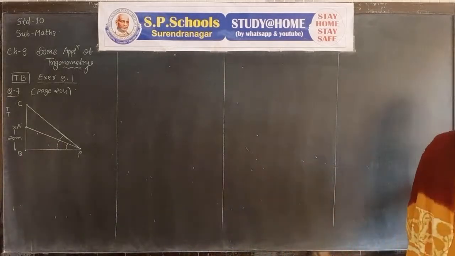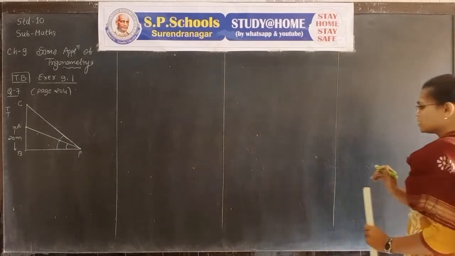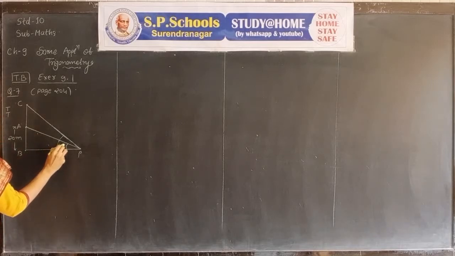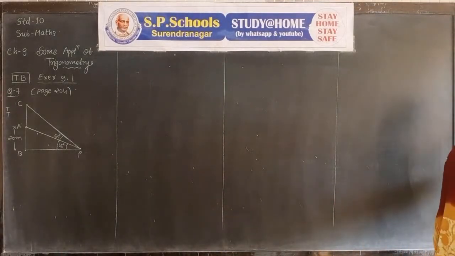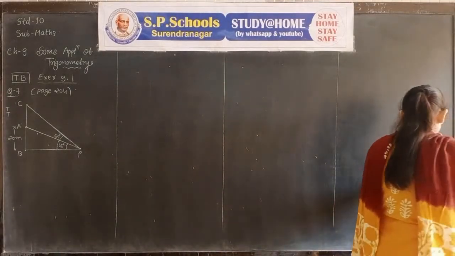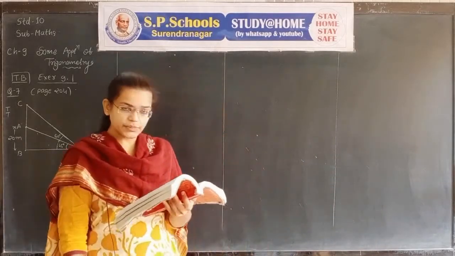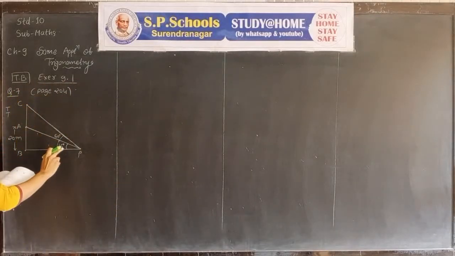The angles of elevation are 45 degree and 60 degree respectively. 45 is for the bottom and 60 is for the top.